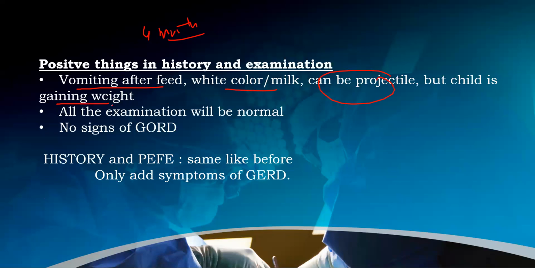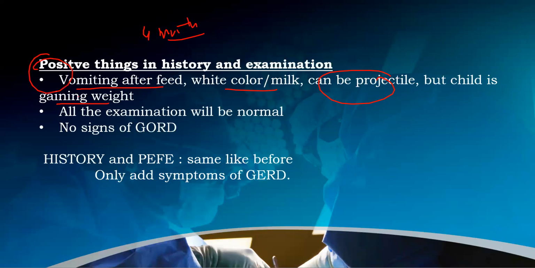The child will grow well. So just because you get a projectile forceful vomiting, don't think that it is pyloric stenosis. It can be reflux as well. The main thing is, is it affecting the child's weight? Okay. So vomiting after feeding, white color or milk content, and the child is gaining weight and not losing weight.